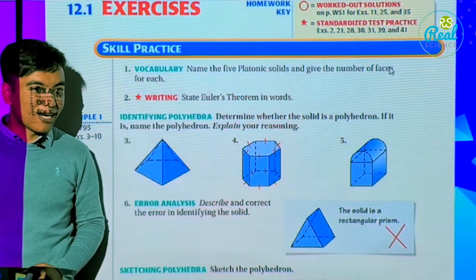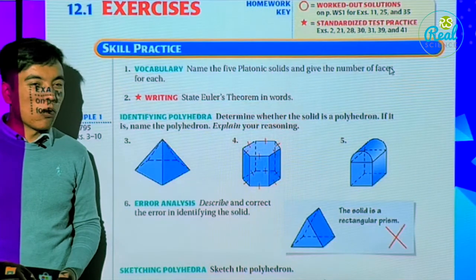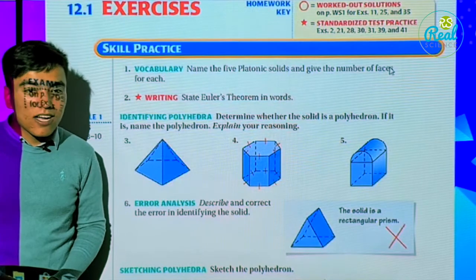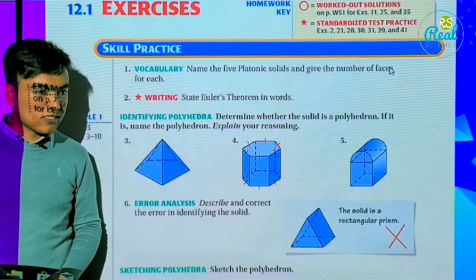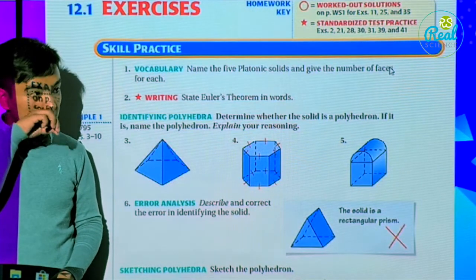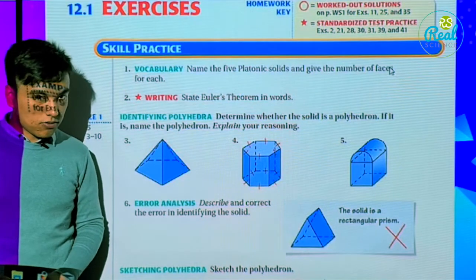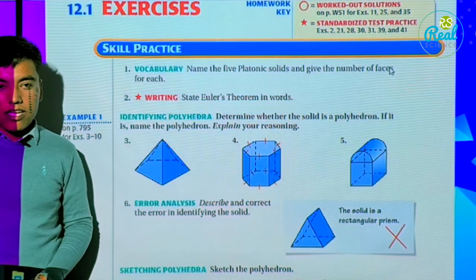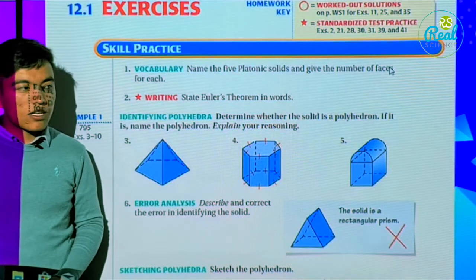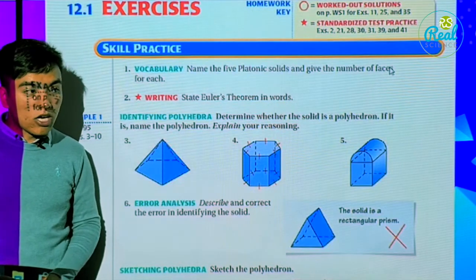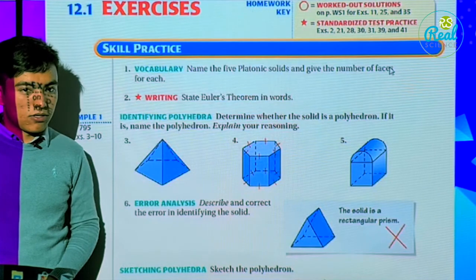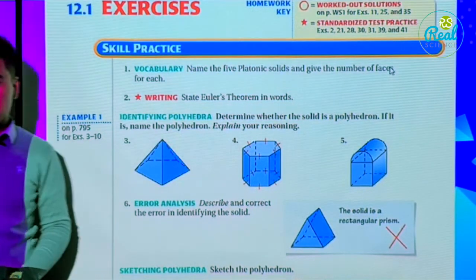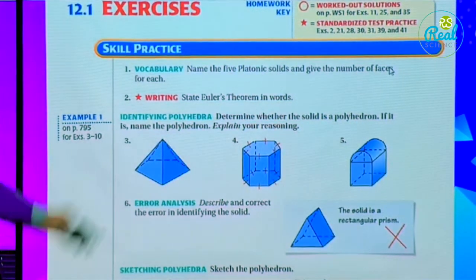Remind me please. Tetrahedron is the first one, cube is the second. Regular octahedron, regular icosahedron, regular dodecahedron. We said all of this.